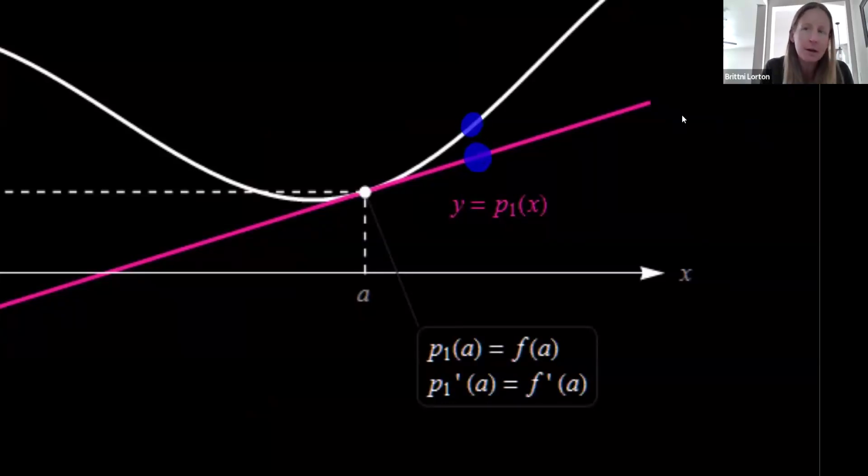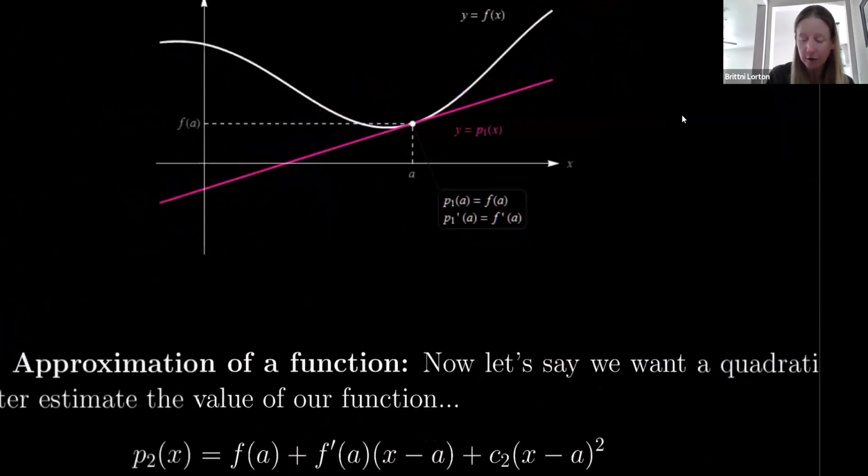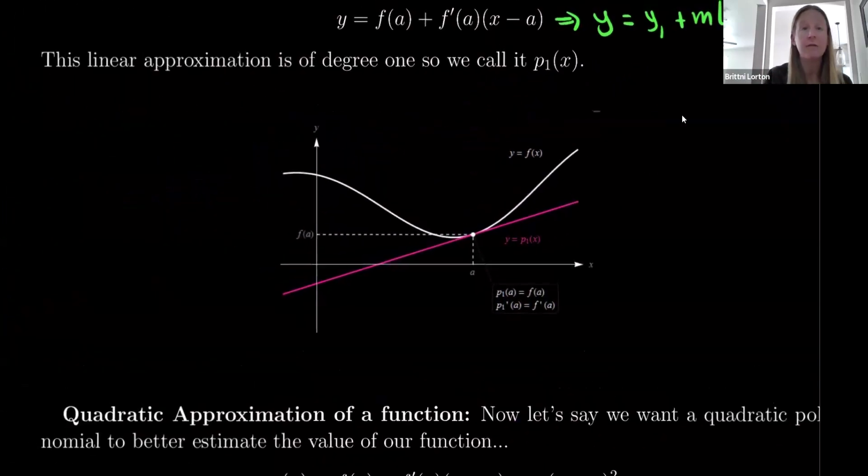It's not perfect, but it's pretty close. And if I were to get even closer to that x value of a, the tangent line is pretty close to the function. The main thing to notice is that was just a way to estimate the y value. So that was the linear approximation.